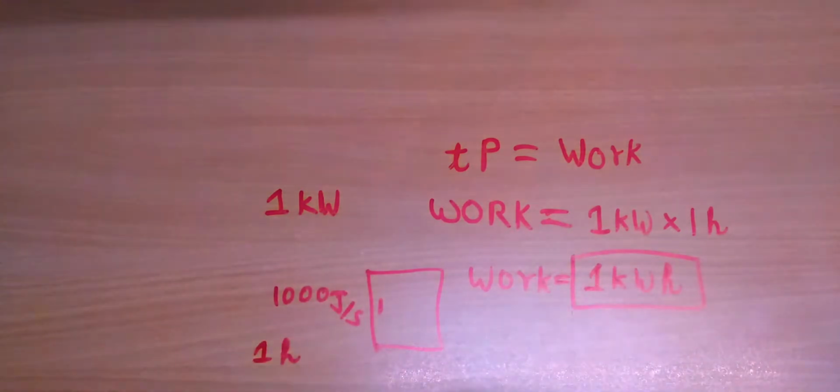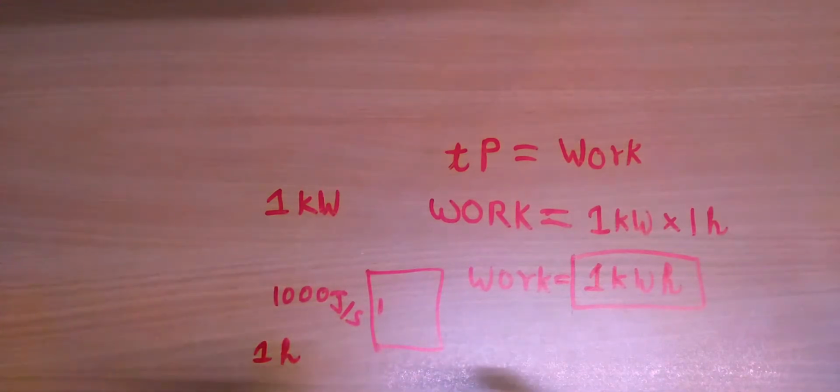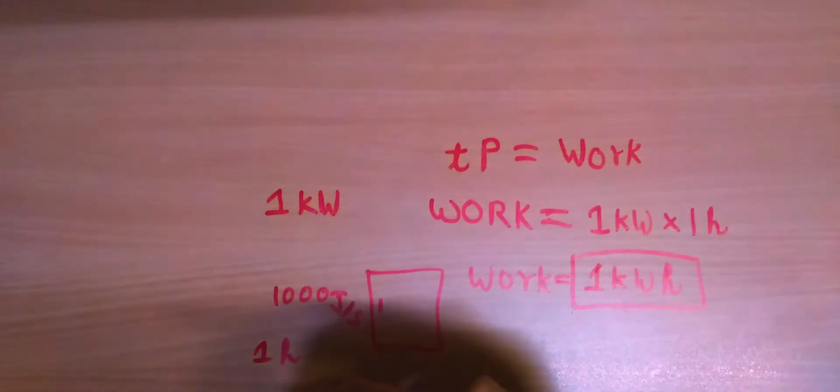Whenever somebody says 1 kilowatt hour, just imagine some appliance of 1 kilowatt, or 1,000 joules per second, that is running for 1 hour. The amount of energy that appliance uses in that 1 hour, or the amount of work it does in that 1 hour, is 1 kilowatt hour.